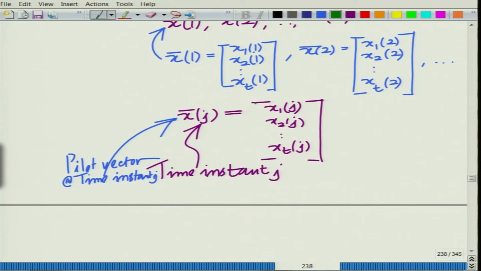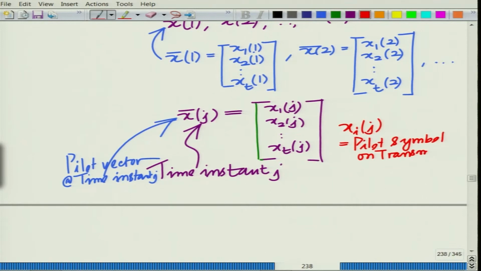In fact, if you look at xij, this is the pilot symbol transmitted on transmit antenna i at time j.